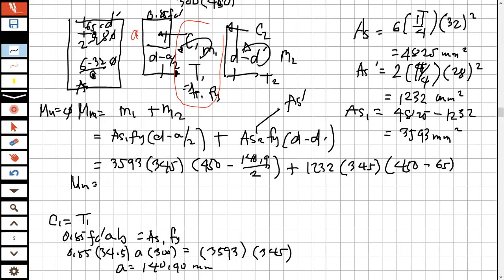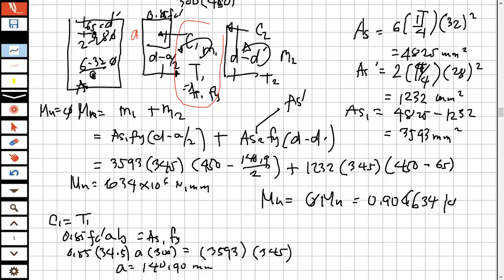Mn is equal to 634 times 10 to the power of 6 Newton millimeter. Or, yung Mu na that we are trying to calculate is equal to phi Mn, equal 0.9 times 634, gawin na natin kilonewton meter.